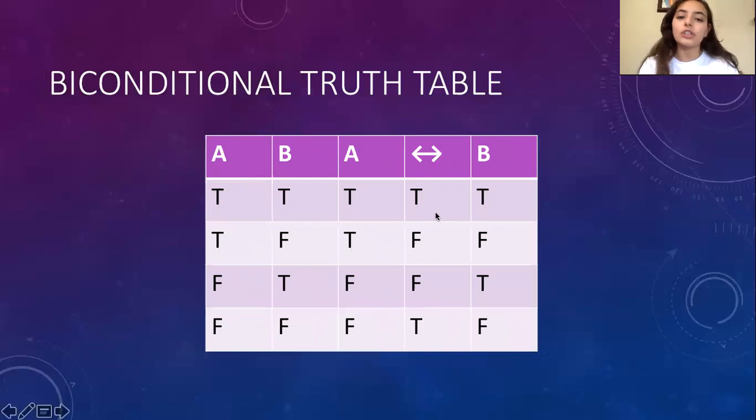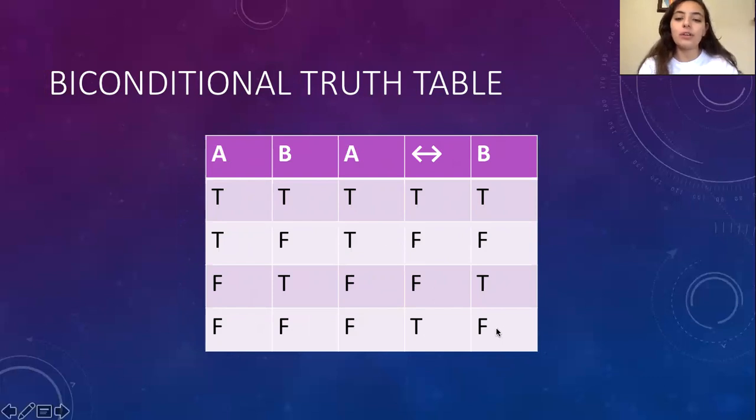For the biconditional, same thing. If they're both true, then it's going to be true. Pretty straightforward. And similarly to the conditional, if A is true but B is false, it's also going to be false. However, this time, if A is false and B is true, then the biconditional is going to be false in that case.